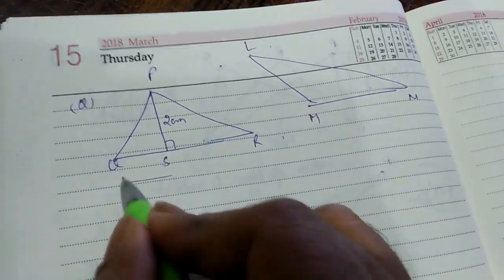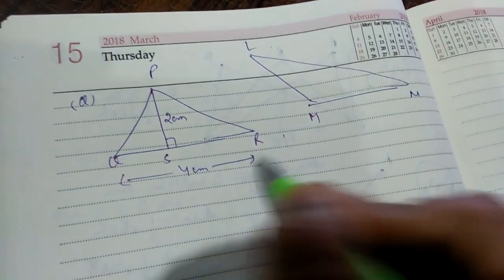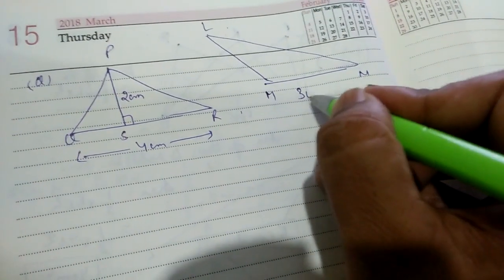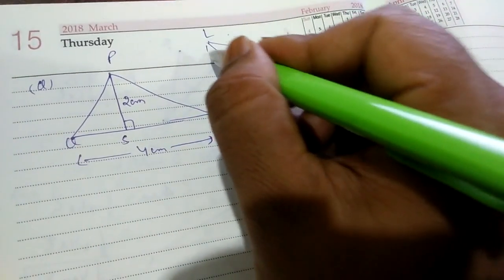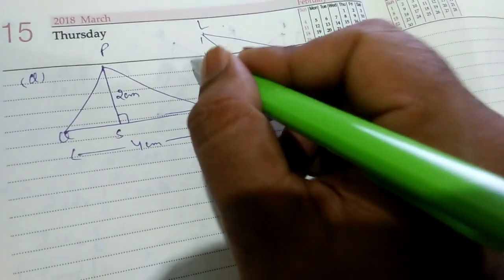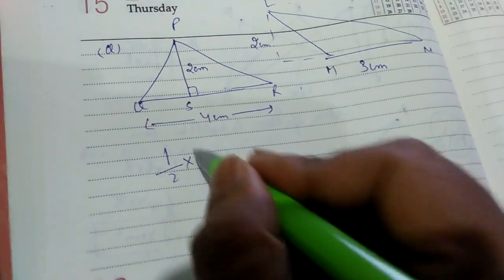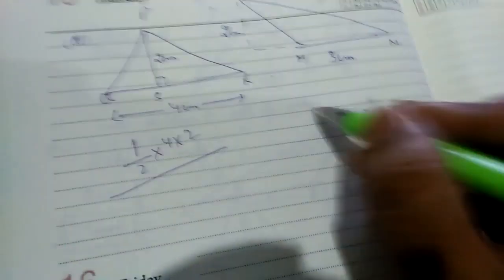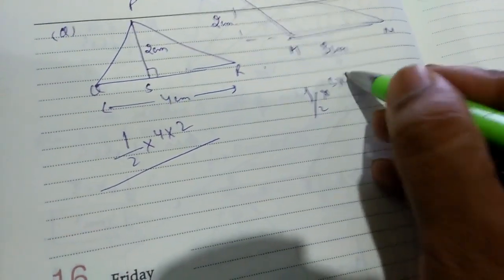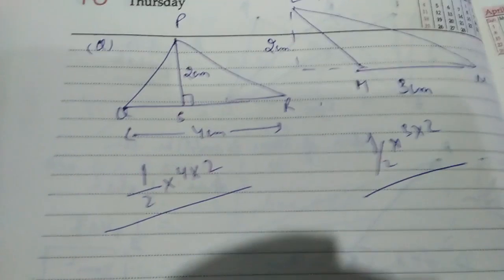The length of a side is 4 centimeters. MN is 3 centimeters. This length is 2 centimeters. So find the area. It is half of base into height. Solve for these two and you will get the area.